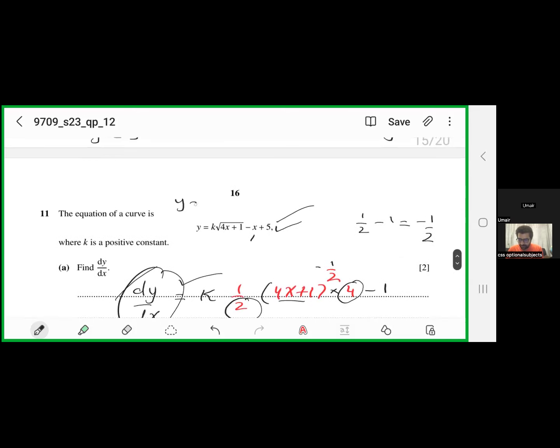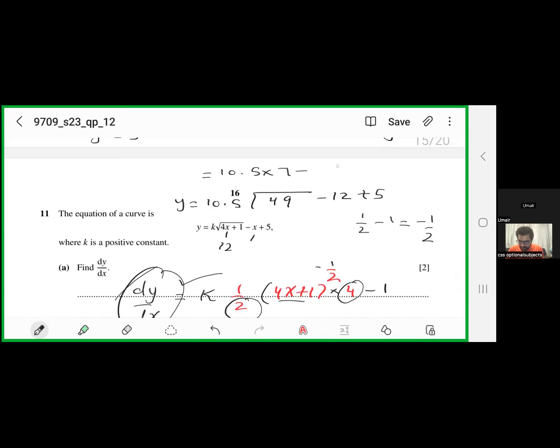Y is equal to k, 10.5, under root x is 12. 12 into 4, 48 plus 1, 49, minus 12 plus 5. So from here, 10.5 under root 49 is 7.